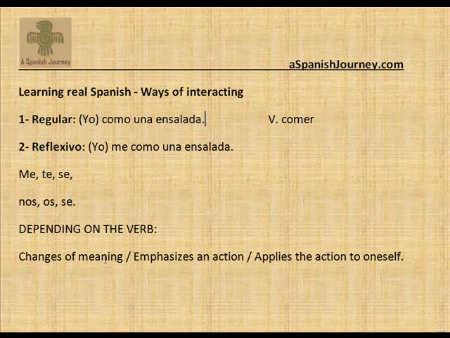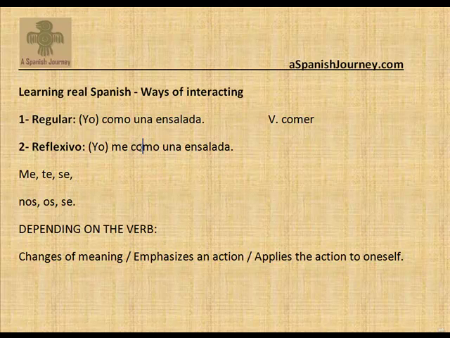Okay, I'm not changing the meaning. I'm applying the action to myself. Yeah, sure, I can say I eat the salad myself. It could be translated like that as well. But the most important thing is that I'm emphasizing the action of the verb, in this case, comer.